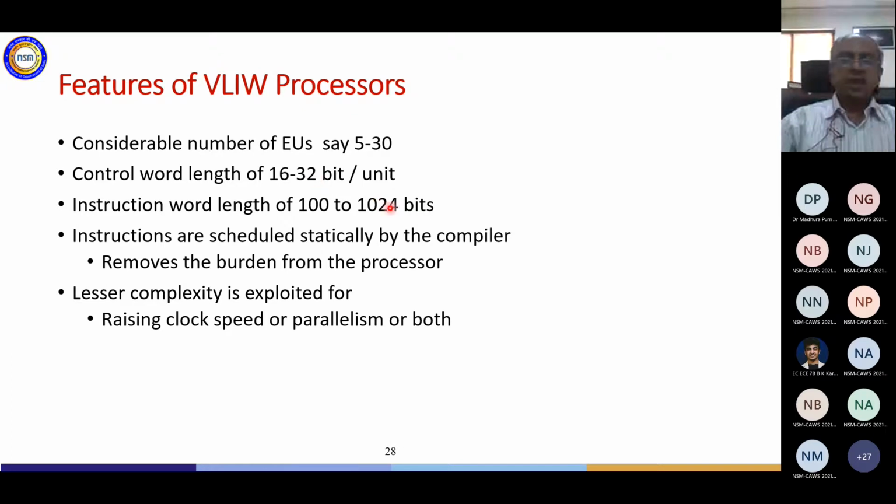So this is 2 raised to 10 and this is 2 raised to 5. So 32 into 32 is 1024. So in one instruction word, you will have 32 instructions. I hope you are getting it. And these 32 instructions can straight away go on to 32 execution units inside the CPU. I mean, this is a theoretical number.